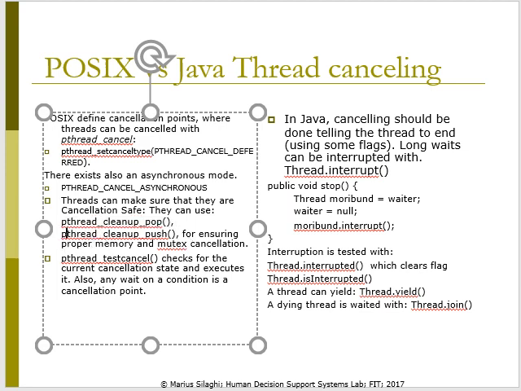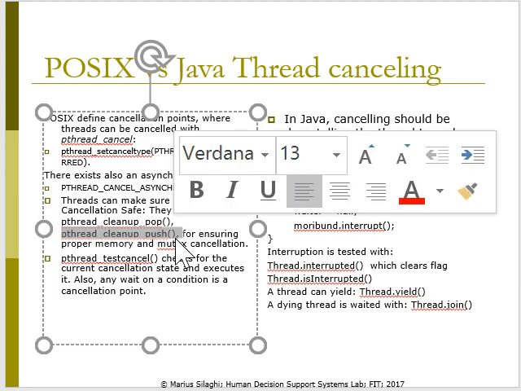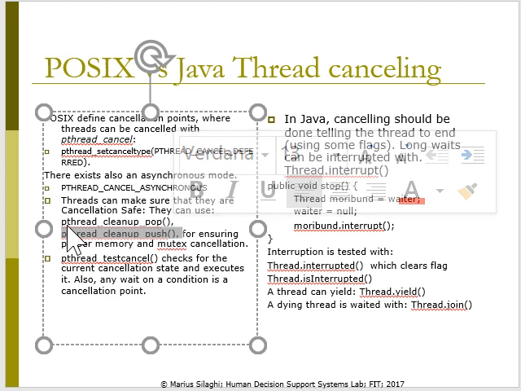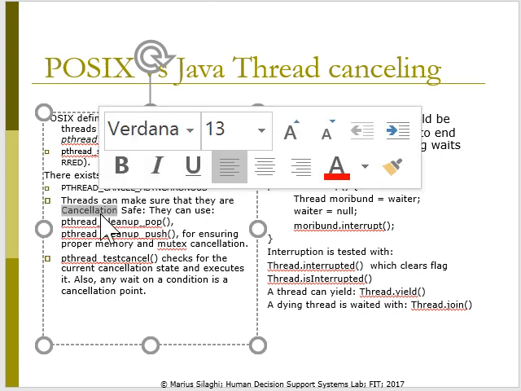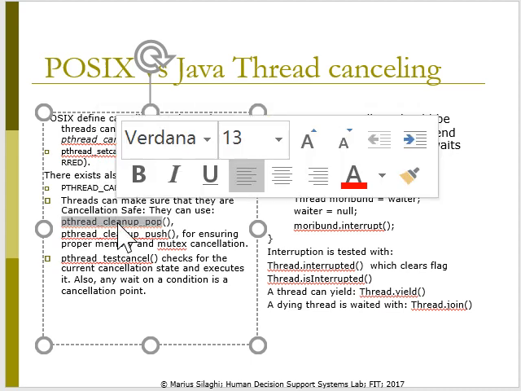So one can push functions that clean semaphores and free memory, and one can pop the functions cleaning the resources whenever those resources are cleaned themselves by the thread naturally.